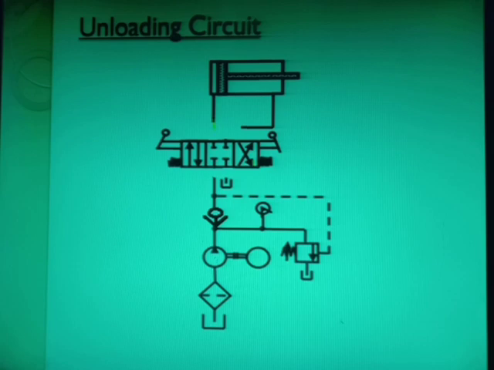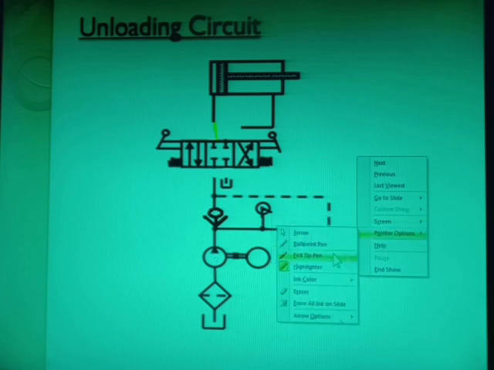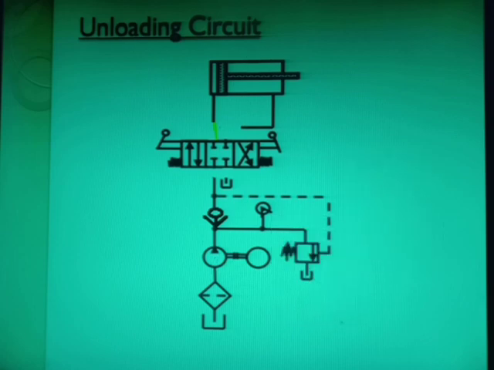P is now connected to the A. So here there will be the connection. One minute. So A will be connected to this end. This will be connected to this end. P will be connected to this end, and R will be connected to the reservoir.